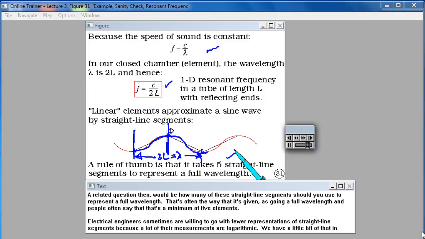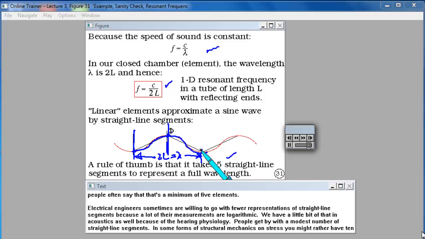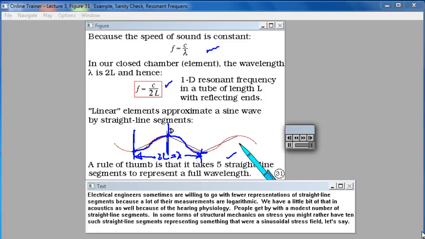Electrical engineers sometimes are willing to go with fewer representations on straight line segments because a lot of their measurements are logarithmic, and we have a little bit of that in acoustics as well because of the hearing physiology. So people get by with a modest number of straight line segments. In some forms of structural mechanics on stress, you might rather have 10 such straight line segments representing something that were a sinusoidal stress field, let's say.